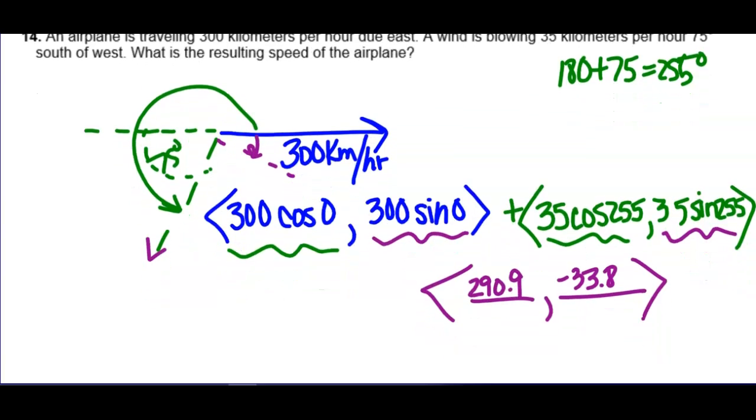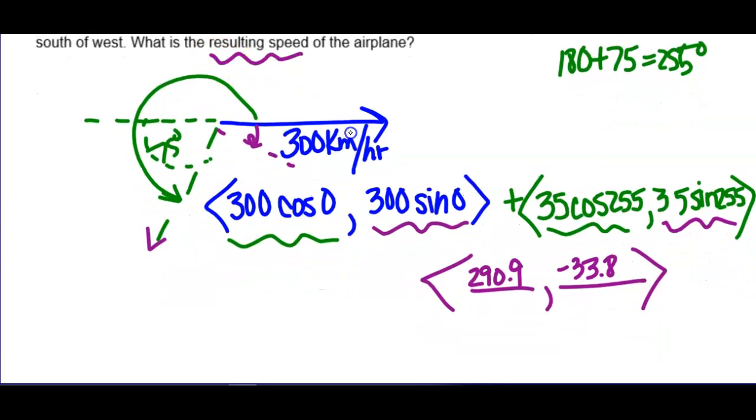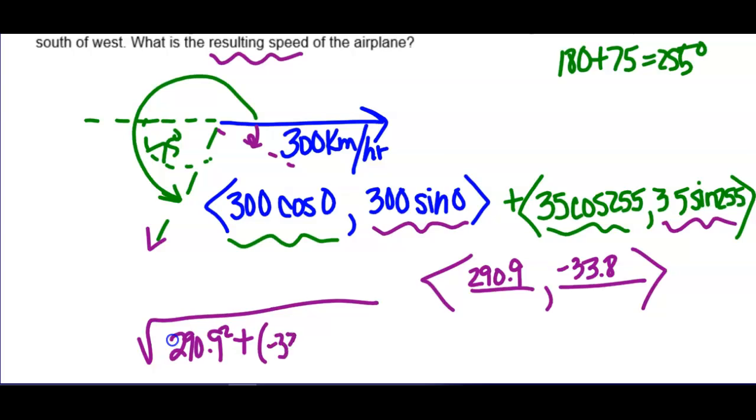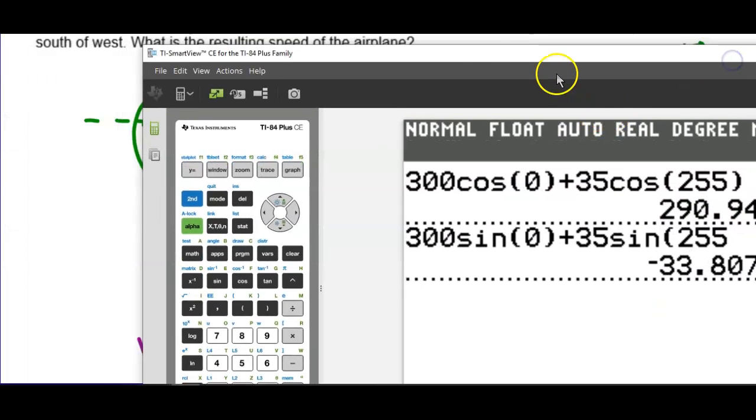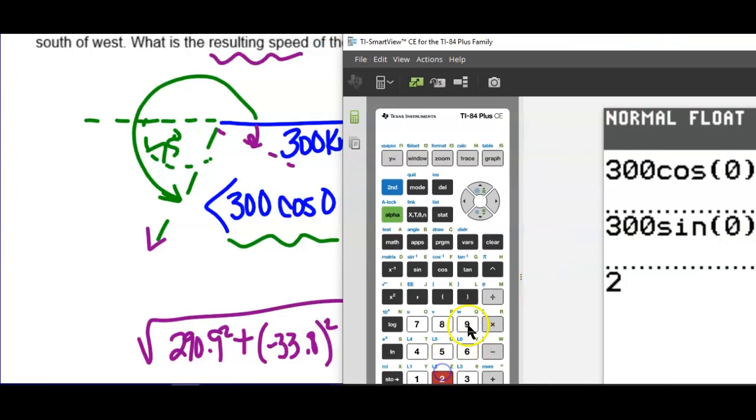All right, so we want to find the resulting speed only of the plane. So we need to do 290.9 squared plus 33.8 squared.